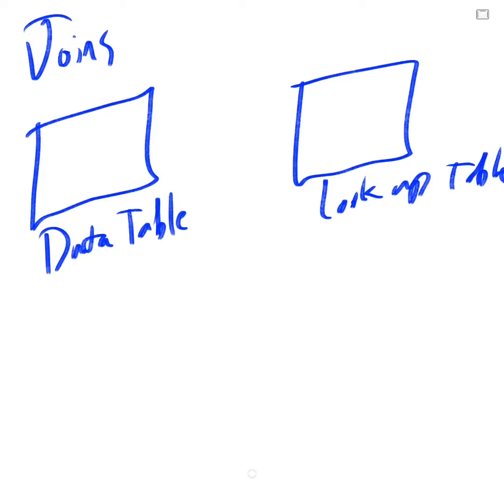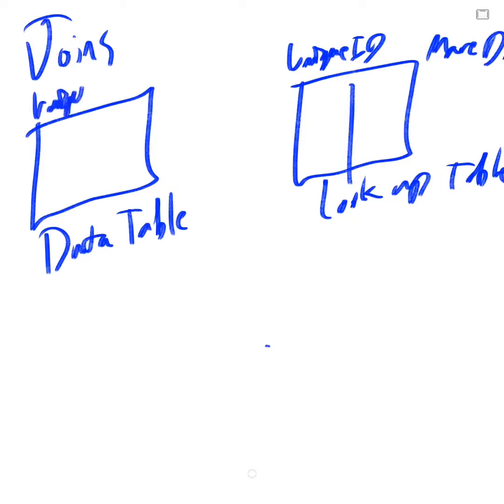So you end up adding basically another column on. So here's your unique ID, here's more data, and then here's your unique ID and original data.